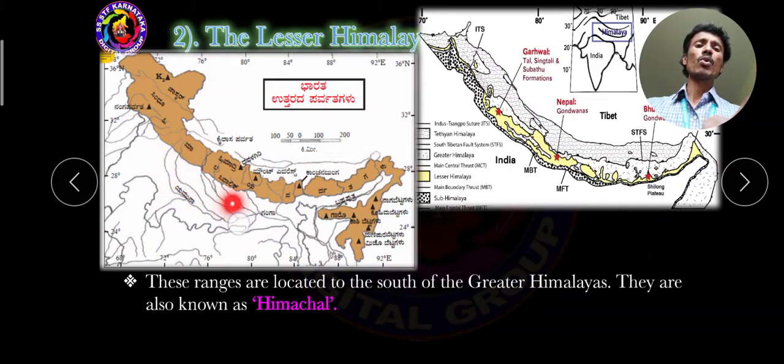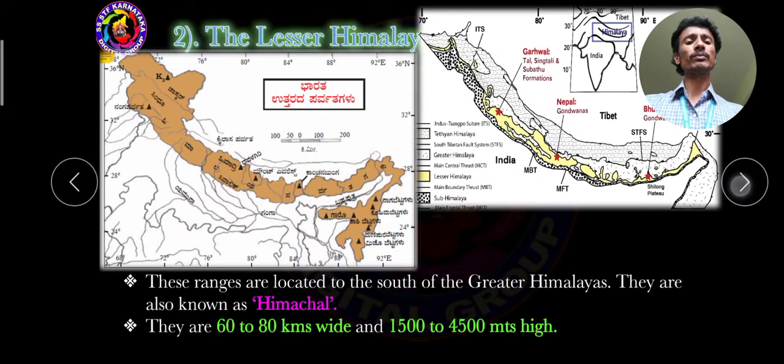They are also called Himachal. See here, the Greater Himalayas are called Himadri, and the Lesser Himalayas are called Himachal. It is located near Himachal Pradesh, so that is the reason it is called Himachal.